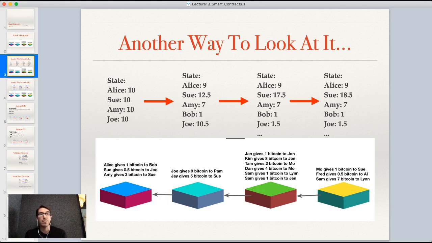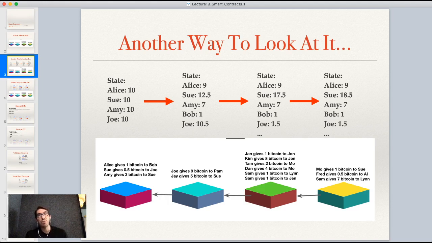After this first block executes, Alice gave 1 Bitcoin to Bob, and so Alice has 1 less Bitcoin, and Bob now has 1 Bitcoin where he had 0 before. Sue gives half a Bitcoin to Joe, so we reduce Sue's account by half a Bitcoin, and Joe's is increased to 10.5. And Amy gave 3 Bitcoin to Sue, so she ended up with 12.5 Bitcoin since she gave away half already, and Amy has only 7 Bitcoin.